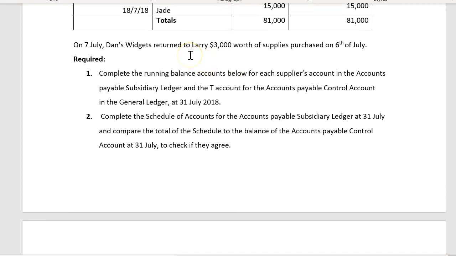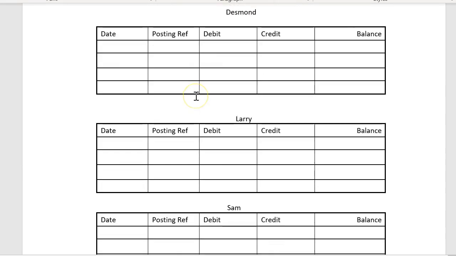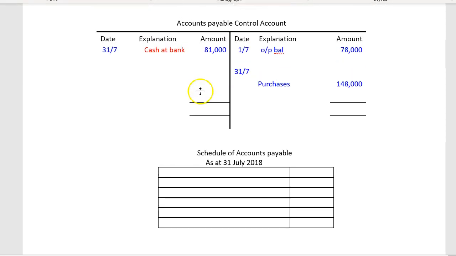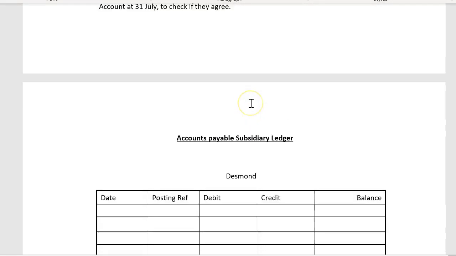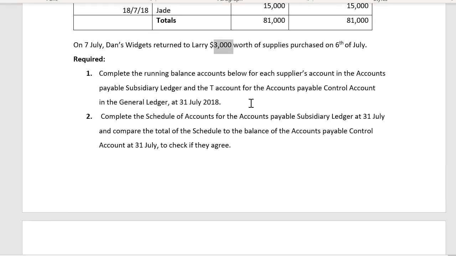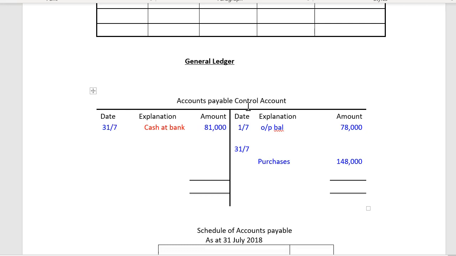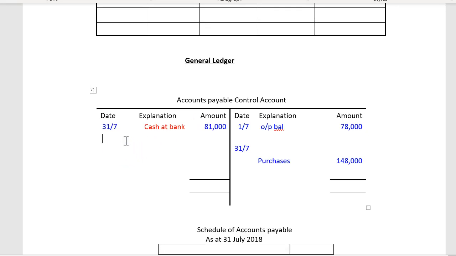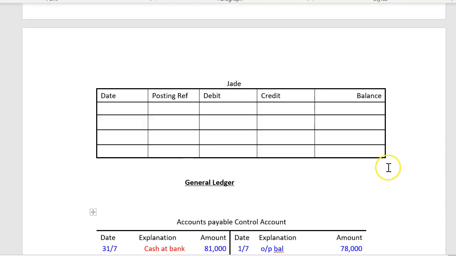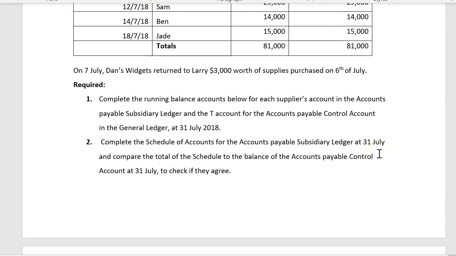On 7th of July, Dan's Widgets returned to Larry $3,000 worth of supplies purchased on 6th of July. That is a purchase return. On the 7th, you write purchase returns, $3,000.